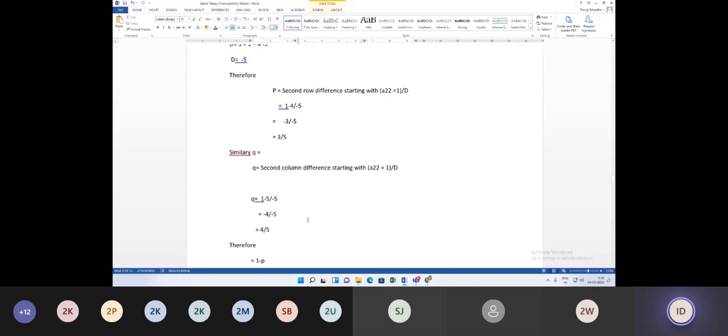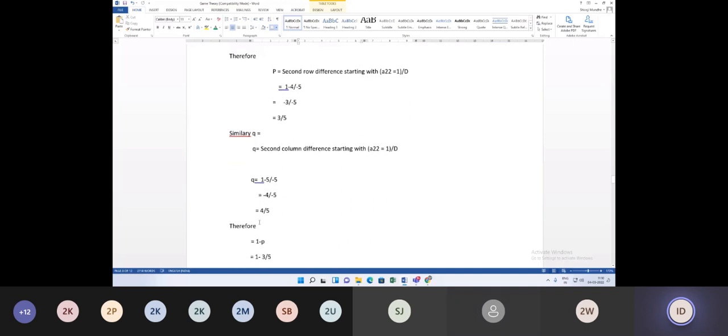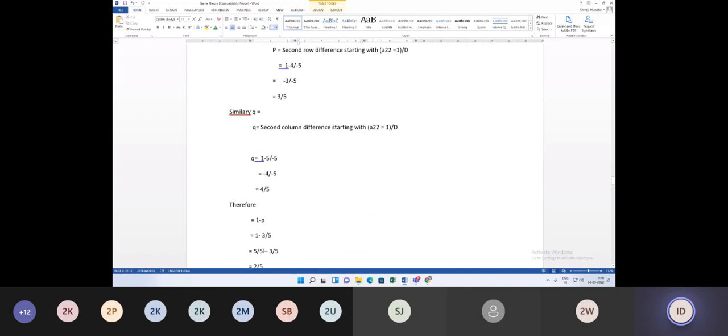Note down properly and work out on calculator. Put into the fraction result. So therefore, 1 minus P, P is calculated here. P is 3 by 5. So here 1 minus P is 1 minus 3 by 5. Right?